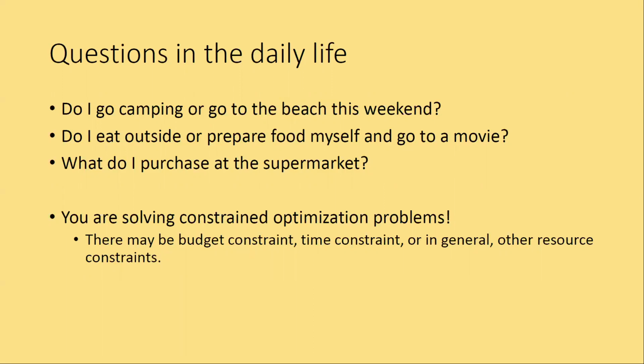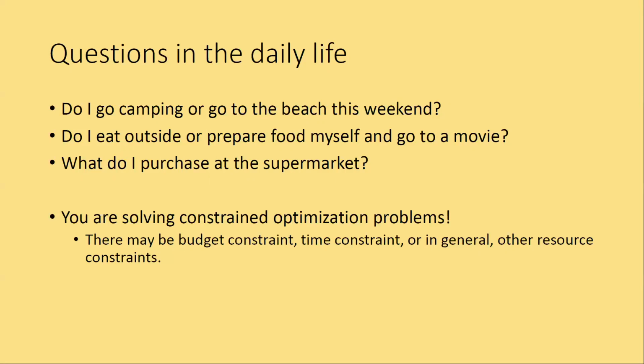It might also be a time constraint. I have $10, with which I can eat outside, or I can prepare food myself, which is less costly, and go to a movie. Well, say $20, $10 is not enough. But we can see that preparing food and going to a movie is going to cost a lot more time, while eating outside, spending the same $20, costs much less time.